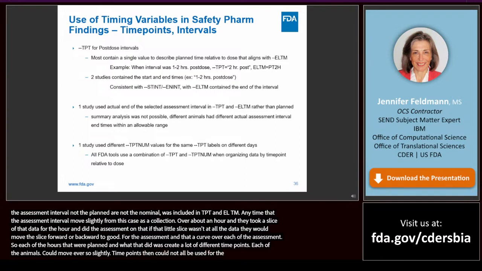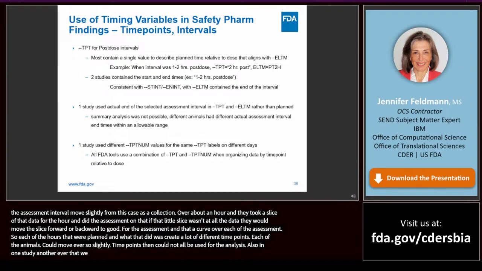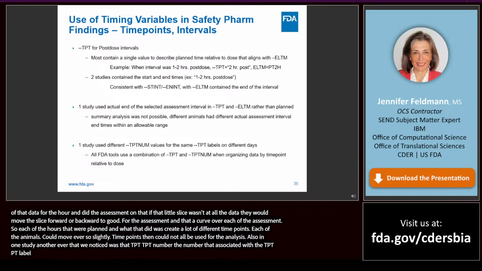And also in one study, another error that we noticed was that TPT num, the number associated with the TPT label, was different on different days for the same value of the text label. So for example, a 2-hour post label would have a value of 2 on one day and would have a value of 8 on another day.